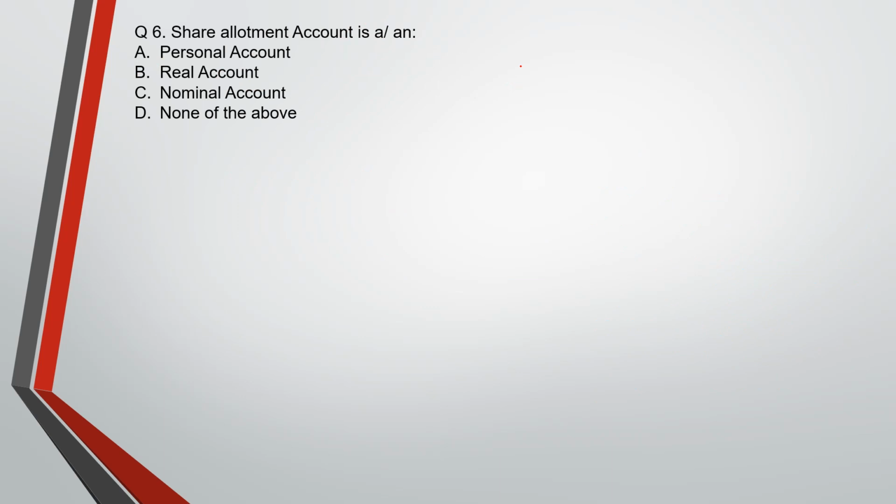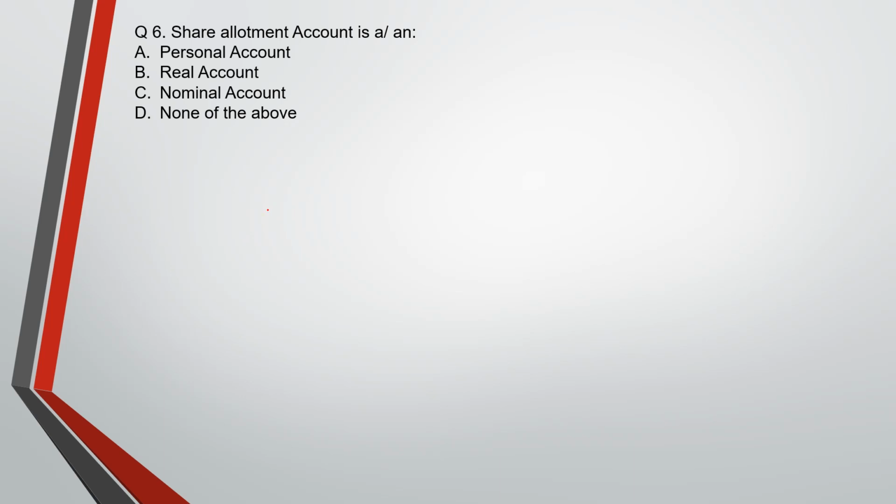Now moving on, we go to the next question. This question is: share allotment account is a or an personal account, real account, nominal account, none of the above. Now we already have studied in detail in the 11th standard about what is personal account, what is real account, what is nominal account. Now in this case, share allotment account, what does it represent?